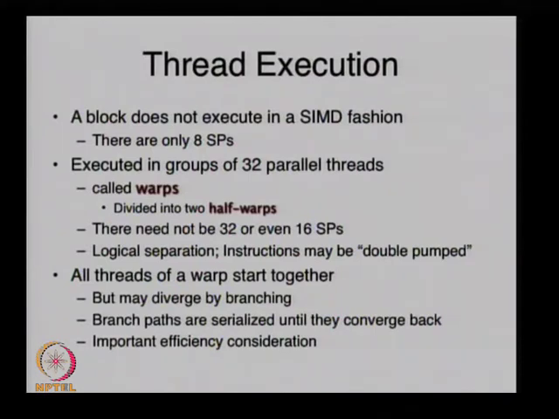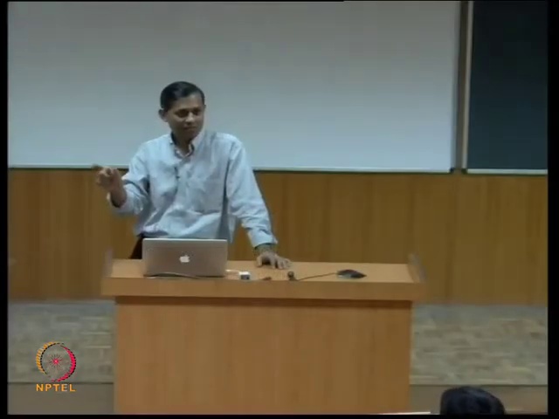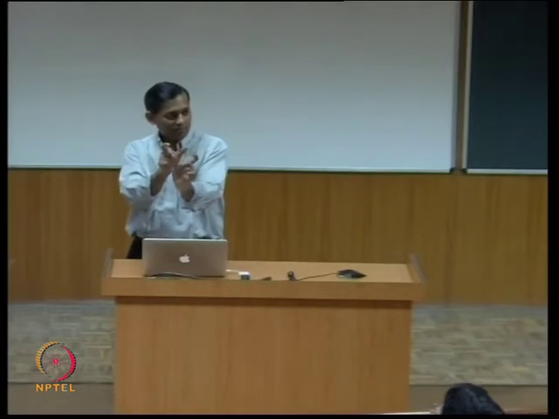Meaning that if some instruction of one of these 32 executes, you can be sure that the other 31 have executed that instruction. This is not guaranteed across warps of even one block. And there is also this notion of half warp, which comes from the fact that there are 16 actual processors. So half warp is actually physically being executed together, and the full warp is executing one after another, precisely one after another.